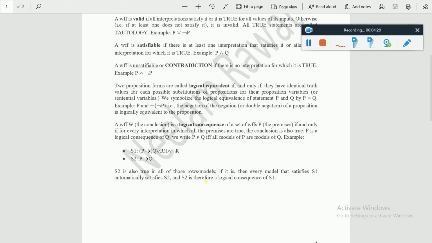So in that case, S2 is a logical consequence of S1.